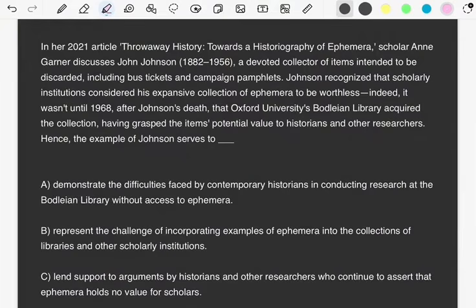So let's read this passage. In her 2021 article, Throwaway History: Towards a Historiography of Ephemera, scholar Anne Garner discusses John Johnson, a devoted collector of items intended to be discarded, including bus tickets and campaign pamphlets.